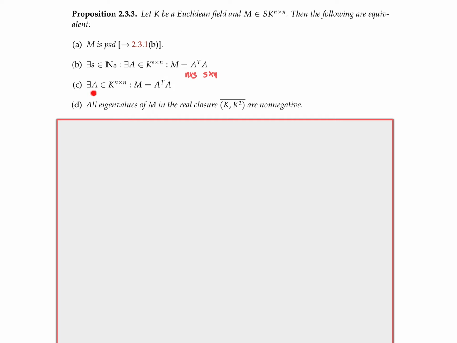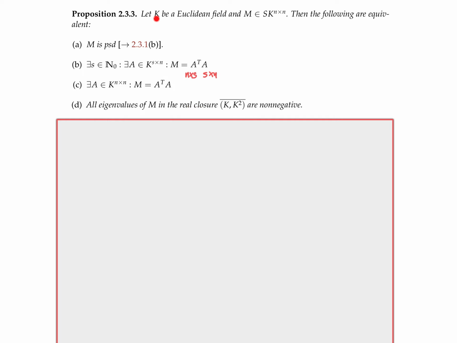And then another condition is there exists an A in K^(n×n) such that M is A transposed A. So I could take here really a square matrix. And all eigenvalues of M are non-negative, well, eigenvalues there, because I'm just in this Euclidean field, so I have to take a real closure of this Euclidean field.